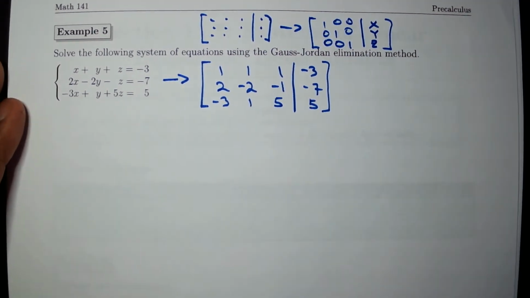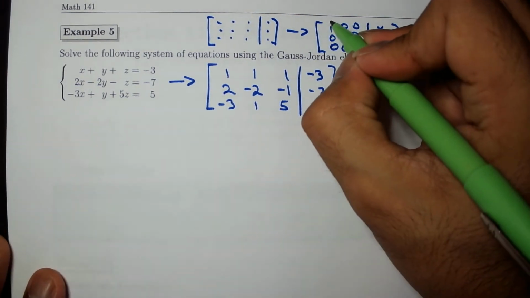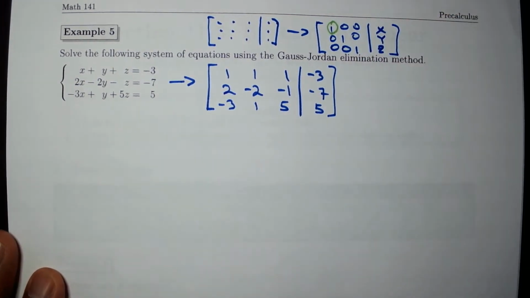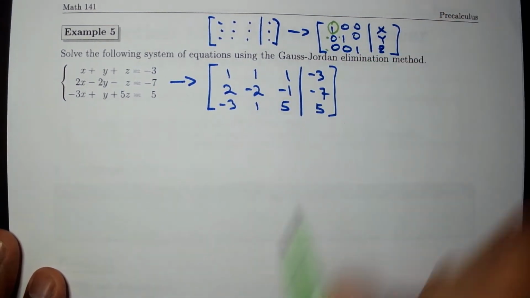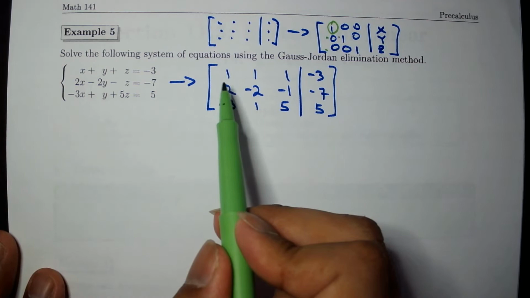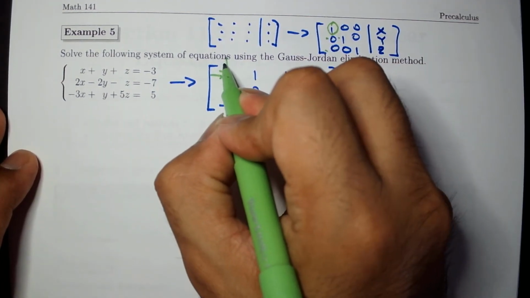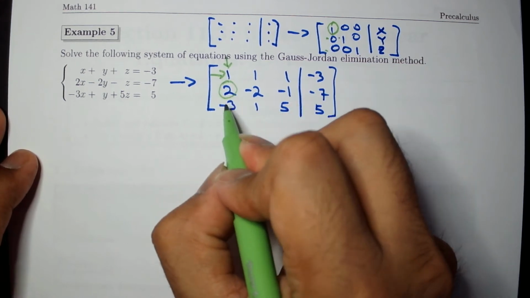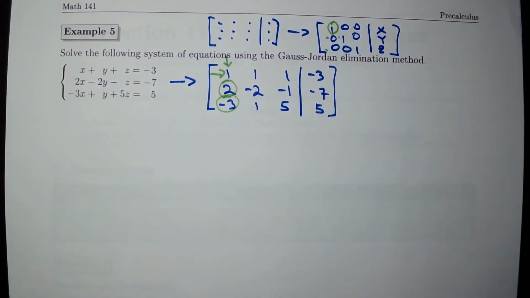So what are we going to do? We are going to start with the 1, 1 element. In this case, we want to make sure that it is a 1 and then turn these below into zeros. Lucky for us, for this system we start with a 1, which is great. Then we need to turn these two into zeros. So what are we going to do in order to get that?